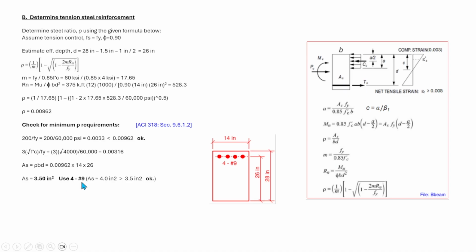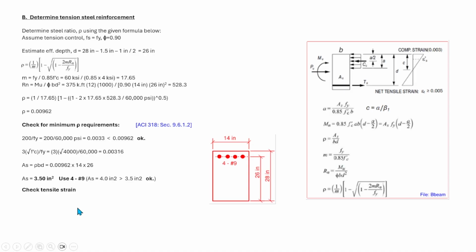So if we use number 9 bars, and the area of a number 9 is 1 square inch, we need 4 pieces, which is equal to 4 square inch, and that is greater than the 3.5 square inch, the steel area that we got here.